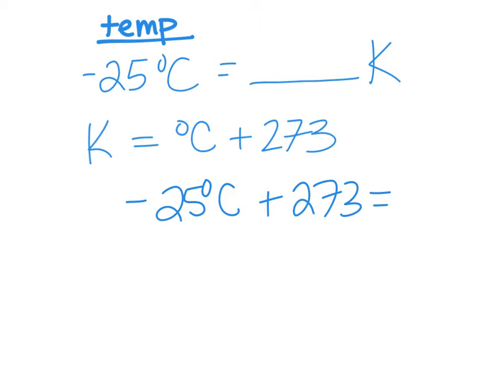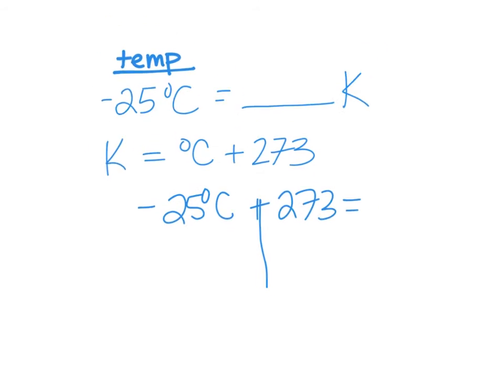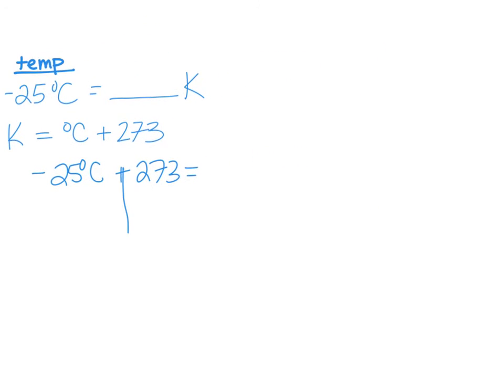All right, let's try one that's a little bit more difficult. Let's go from Fahrenheit to Celsius. Let's say I tell you that you've got something that is 60 degrees Fahrenheit, and I want to know how many degrees Celsius you have. In order to find Celsius, you're going to look at your conversion sheet and pick number 1.